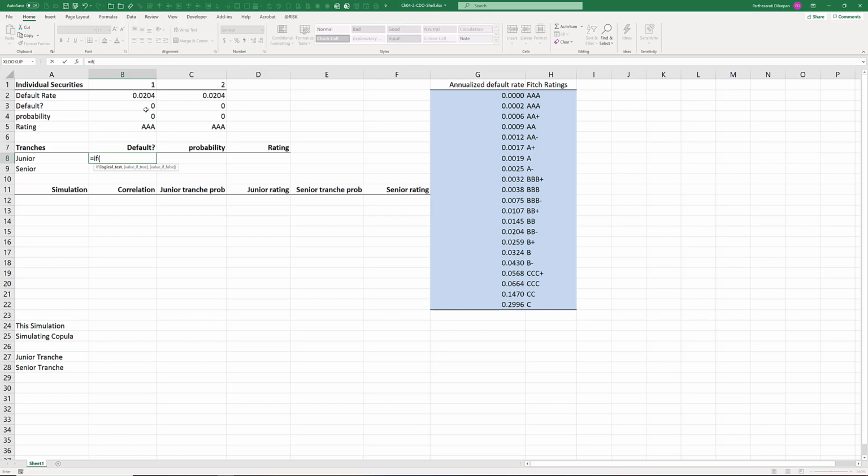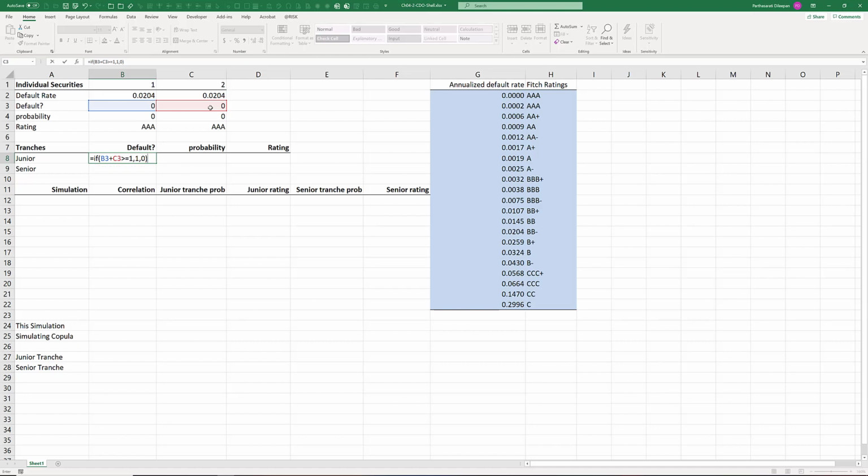So we have these two defaults. If that plus that is greater than or equal to 1, that means either one has defaulted, so the tranche itself defaults.